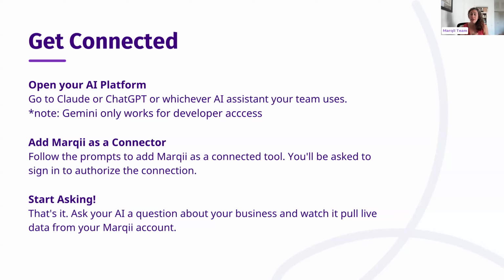So you put in your Marqii username and your password. I can't show this live because I've already connected mine, but we have videos available both in our help center and in your client newsletter that walk you through this. So if you just go into the Marqii Help Center, help.marqii.com, type in MCP, you'll see the videos walking you through how to get that connected.